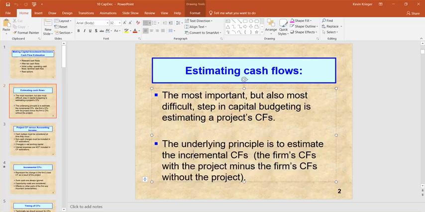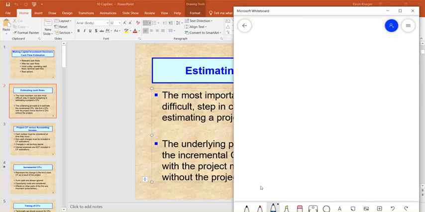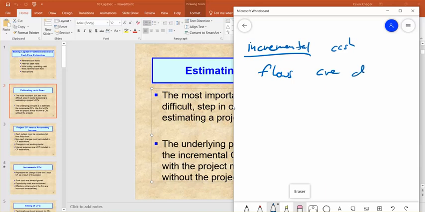I have a couple of thoughts popping into my mind simultaneously here that I want to get out of my mouth. So incremental cash flows are a very important vocabulary term, so you really want to be familiar with this concept. They're the ones that are determined by the choice of accepting or rejecting a project.